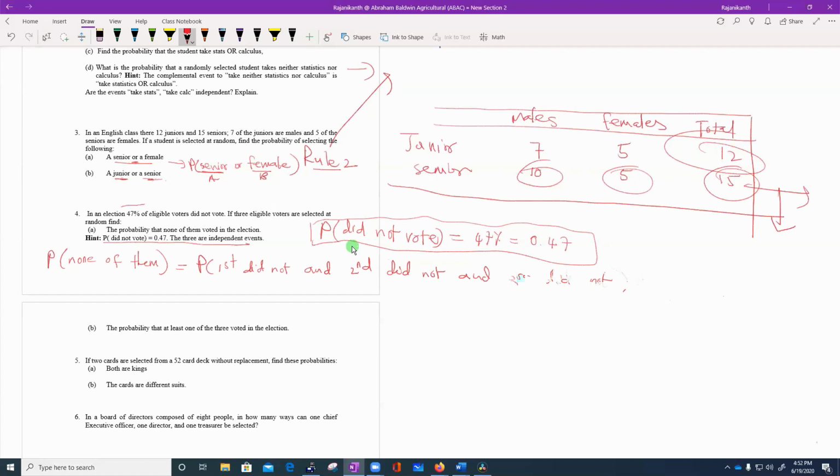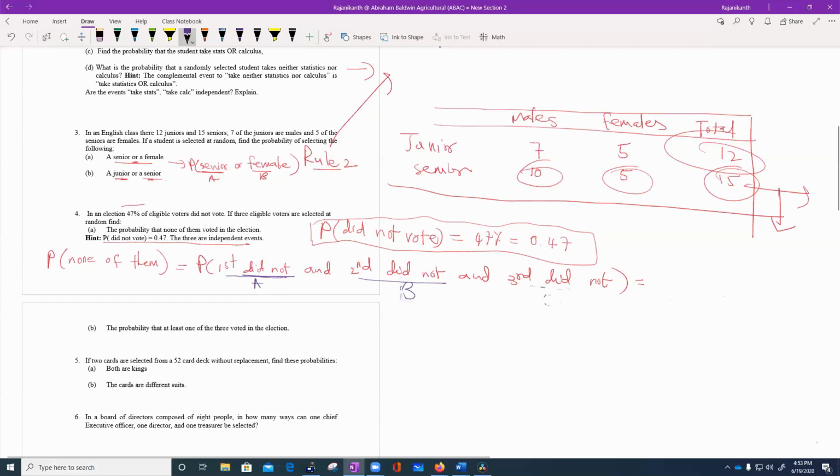This is making sense now. Remember, none of them did not vote means all three did not vote: first one and second one and third one. So now you could think of all three events as independent events. This is your event A, this is your event B, and this is your event C.